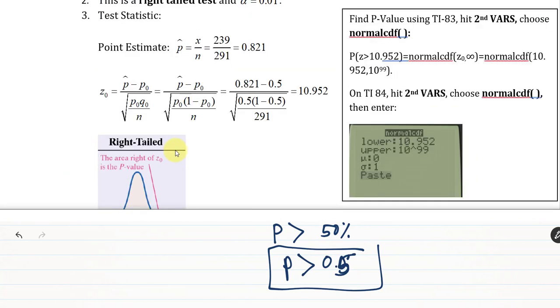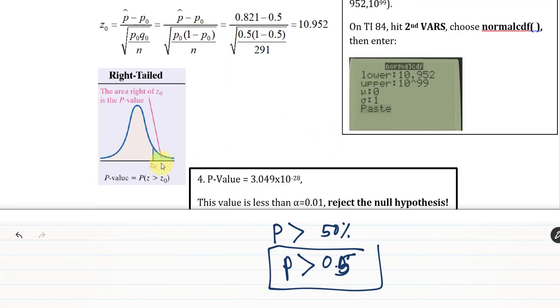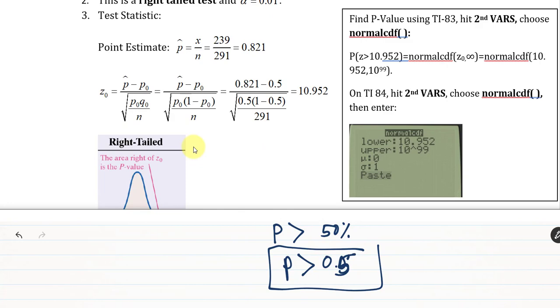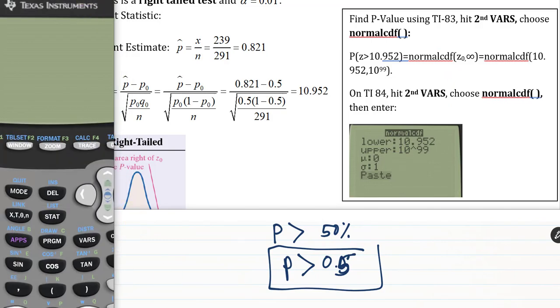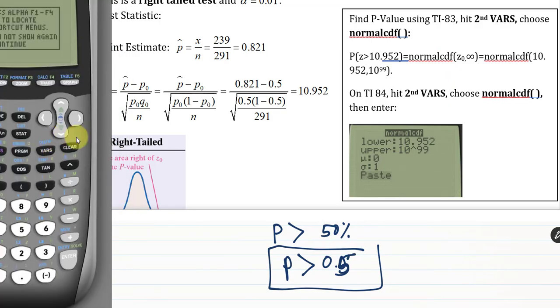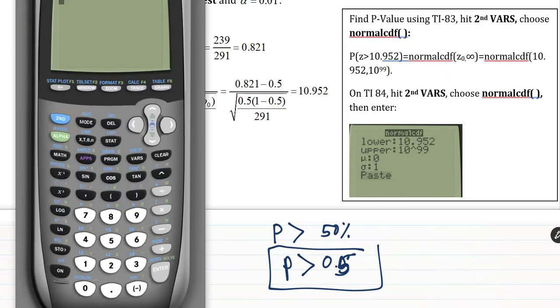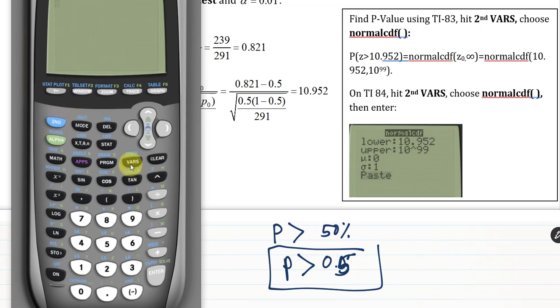Now, on the TI-84 or 83, we can find the right area by using the normal CDF function. Let's try that. We go to second var to get to distribution, and we go to normal CDF.